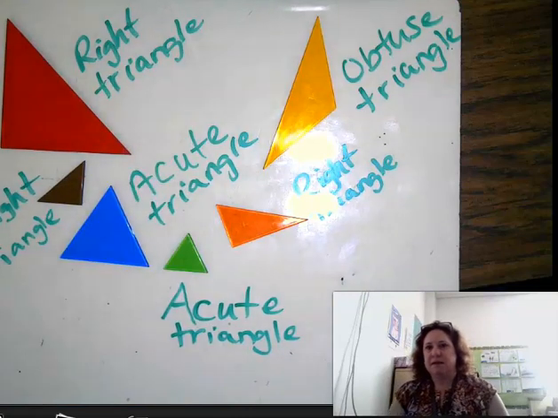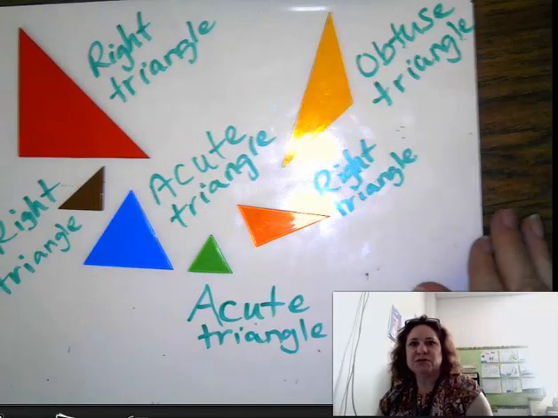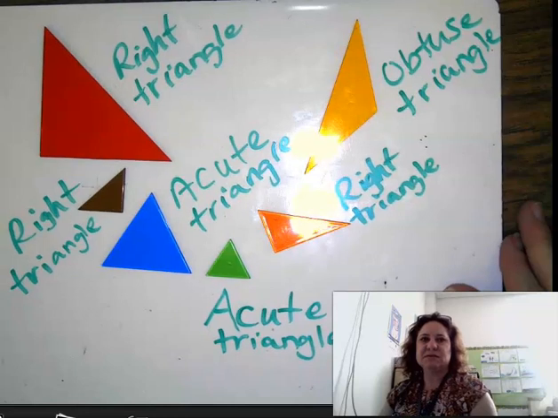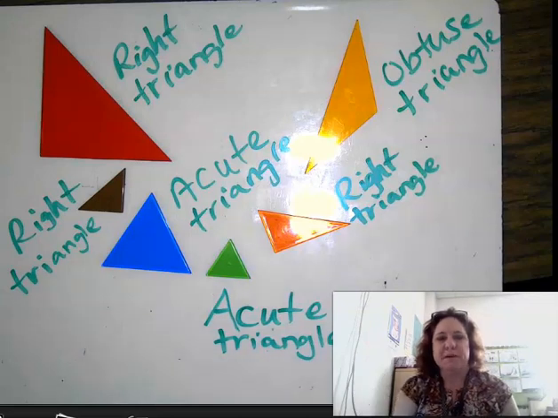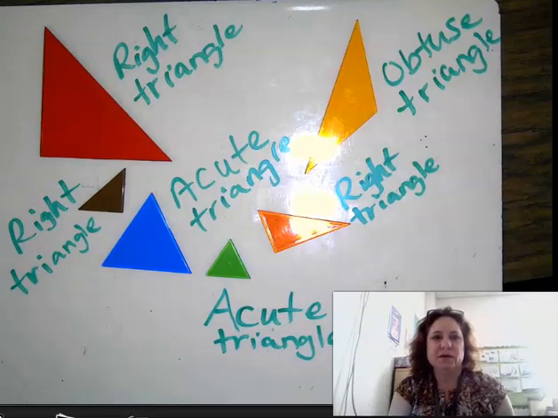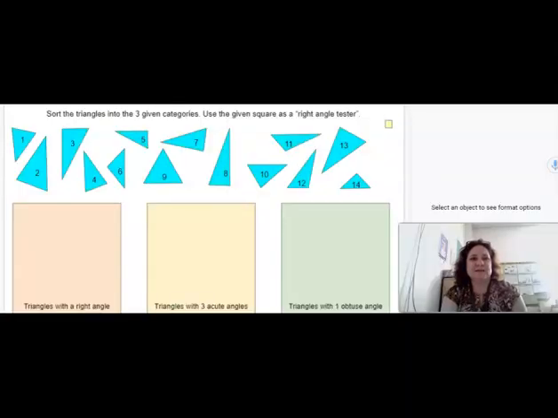Okay, now I'm going to give you a digital version of this, and you are going to decide if a triangle is right, acute, or obtuse by pulling it into a square corner. Okay, so let's take a look. We have three different Post-it notes here. One is for right triangles.